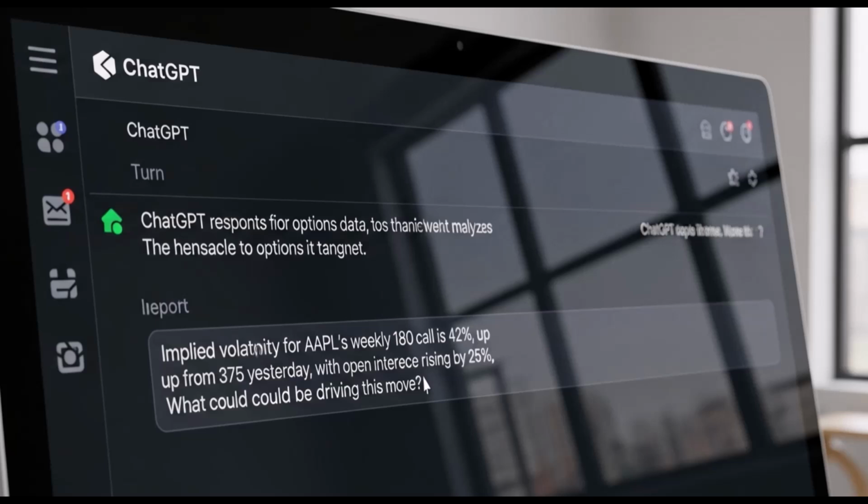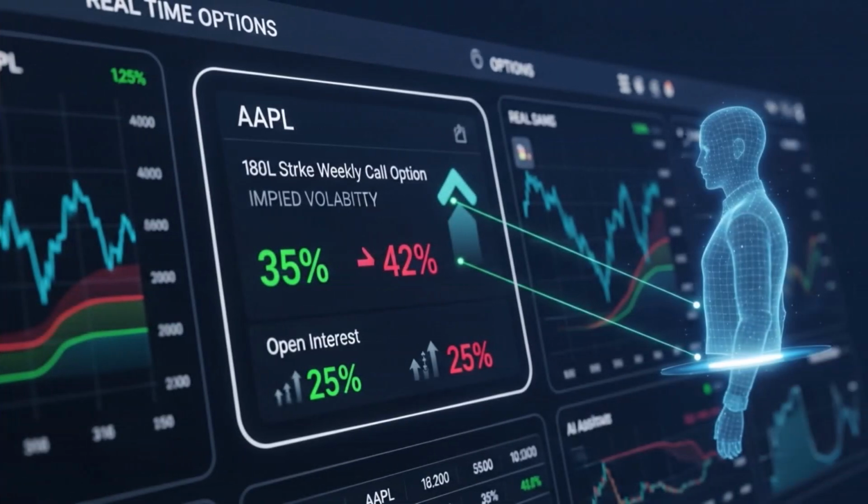Example, implied volatility for AAPL's weekly 180 call is 42%, up from 35% yesterday, with open interest rising by 25%. What could be driving this move? By giving it context, you allow ChatGPT to respond intelligently, almost like a real-time analyst helping you interpret the situation.